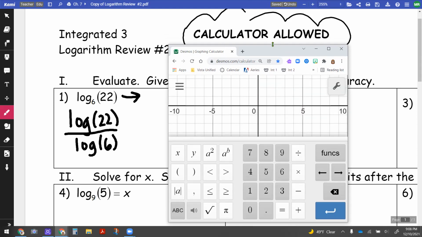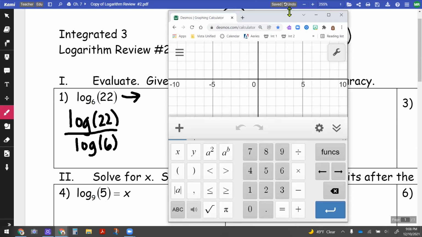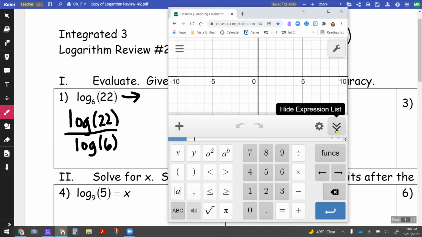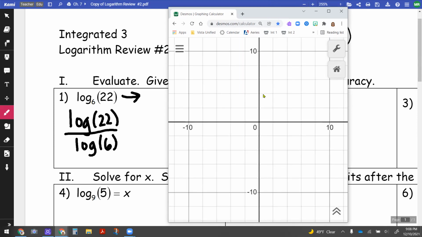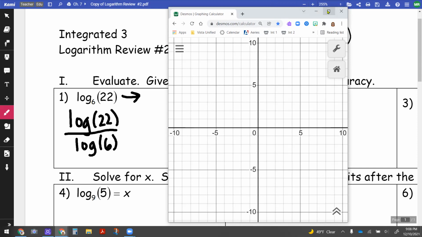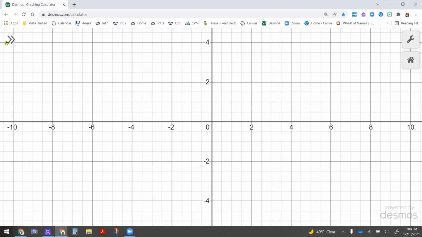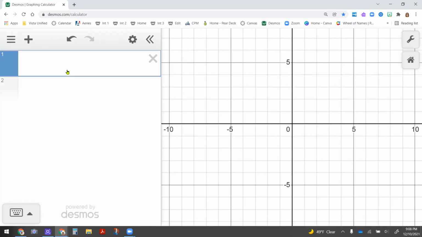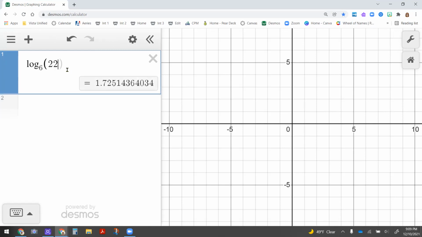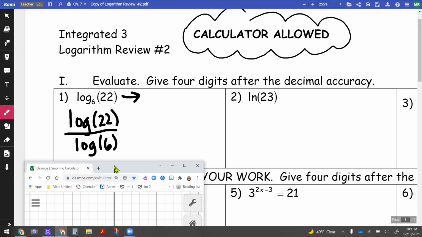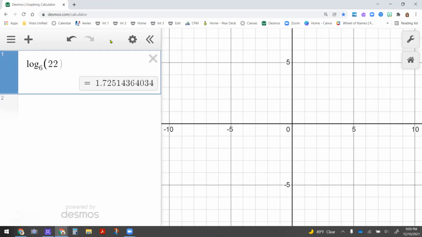And so if I'm using Desmos and I want to do log base 6 of 22, I could do this two ways. I could type in log, and then do shift and underscore 6, arrow out of 22, and I'll get 1.7251. Did it say how many places it wants? 4 digits after the decimal.